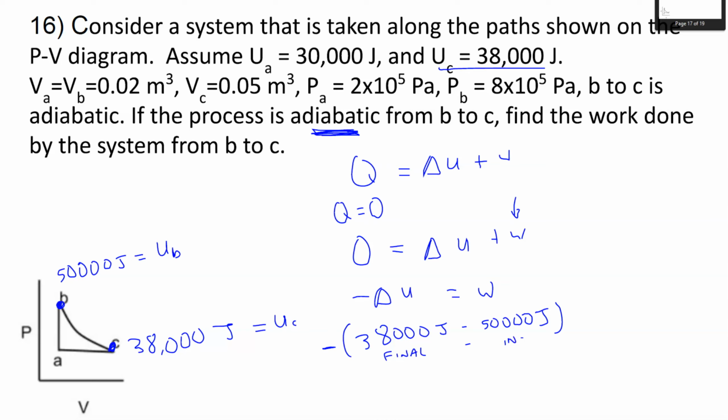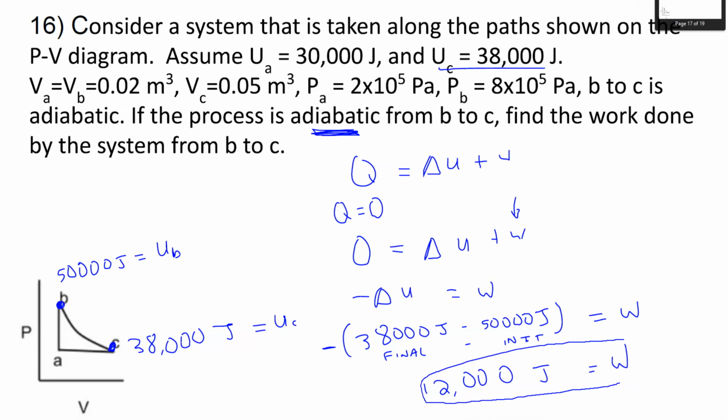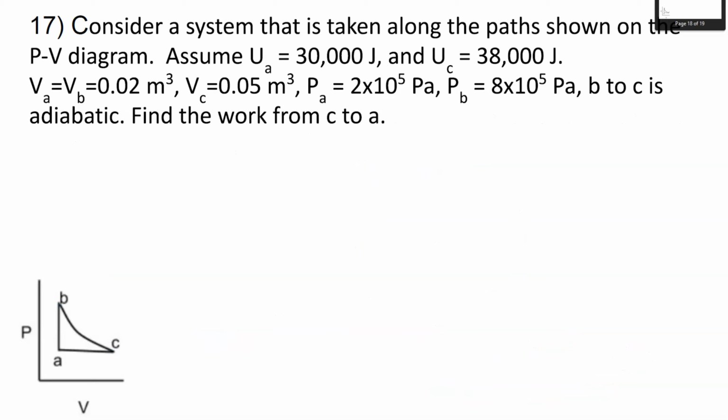Went from B to C, so I'd have to get it in that order. And that's going to be the amount of work. I believe you're going to find that's a negative 12,000 or positive 12,000 joules of work right there.